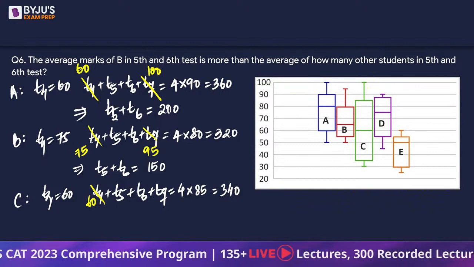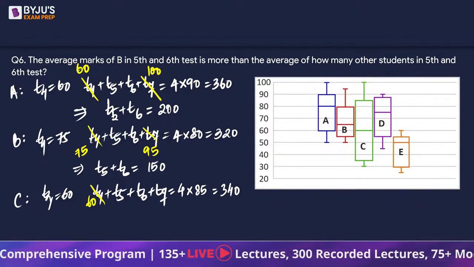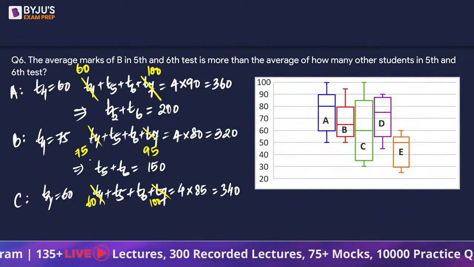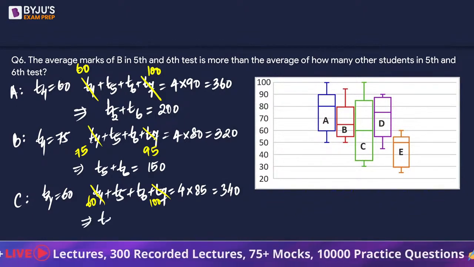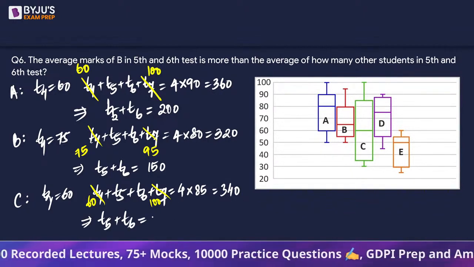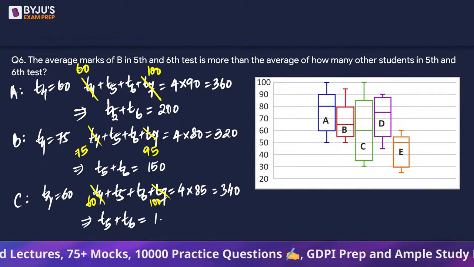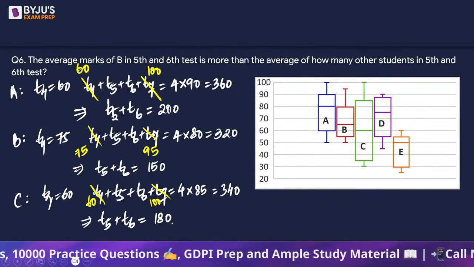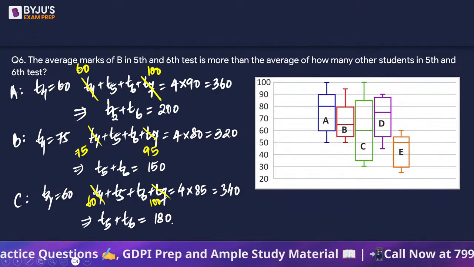And T7, सबसे बड़ा number जो है, that is 100 for this. So 160 is going to be subtracted. This will result in the sum of marks obtained in 5th and 6th as 340 minus 160, which is going to give us 180. Okay.